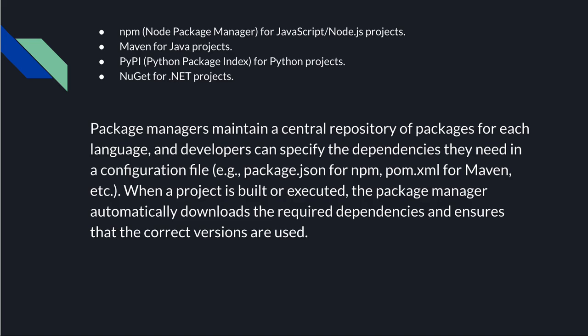Then it comes down to the package manager to download those packages from Maven Central onto the machine on which you are going to run your application. So when a project is built and executed, the package manager is going to automatically download the required dependencies and ensure that the correct versions are being used. Okay, this is what the package manager is responsible for.